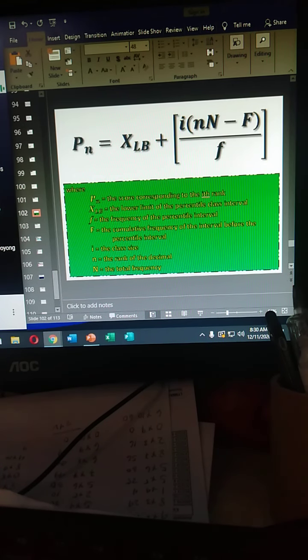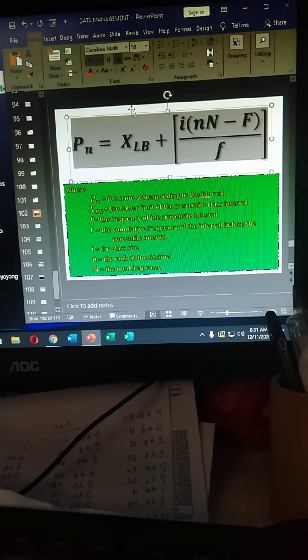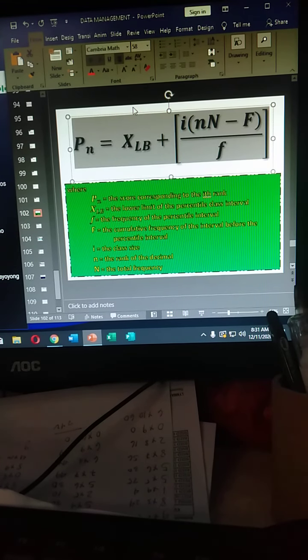That one formula is good for finding quartile, decile, and percentile. You heard me right. Itong formula na to, ito yung mother formula or the main formula nyo kahit ang hinahanap ay quartile, decile, o percentile. Sa group data lang tayo, wala nang ibang formulang gagamitin kundi ito lang.